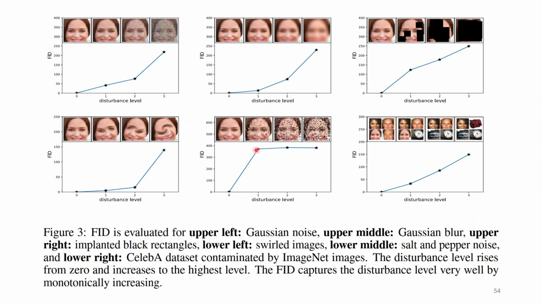And this is salt and pepper noise. Okay. For this type of distortion, the FID metric doesn't work very well. Okay, it's almost the same. Okay, so this is for a group of images, and this is from CelebA. And if we replace some of the selected images with images from ImageNet, so you can see there are two types of different images.